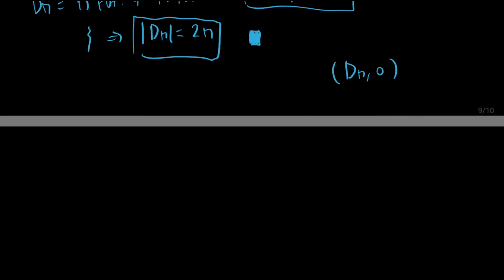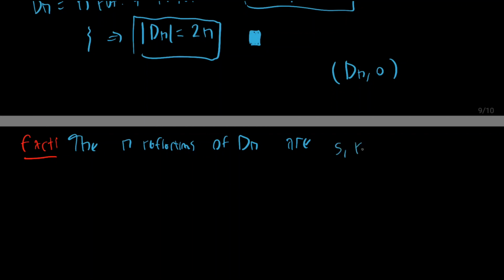Before we do that, let's state the following fact, which is a direct generalization of what we observed with the equilateral triangle: the n reflections of Dn are s, r times s, r squared times s, up until r to the n minus 1 times s, where s is just a reflection across a line through any vertex, so an arbitrary reflection.